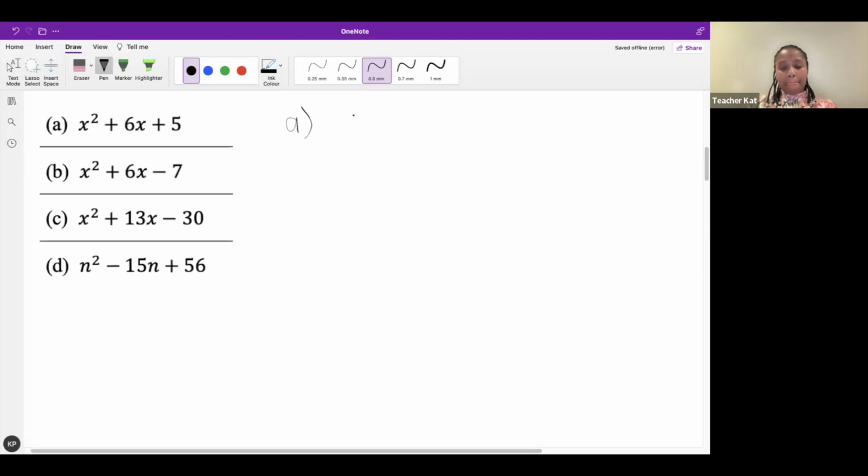A is x squared plus 6x plus 5. Firstly, we know we're going to have 2 brackets. Whatever we do here, we're going to end up with 2 brackets, just like we did when we did the difference of 2 squares. Now, step 1 is we want the factors of this guy over here.